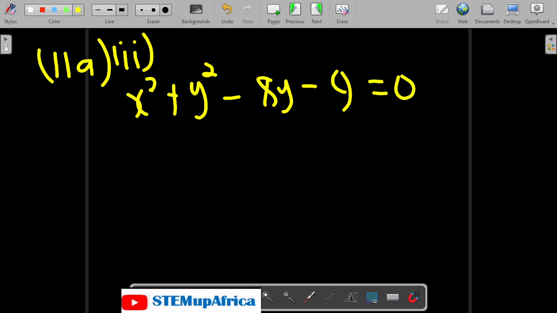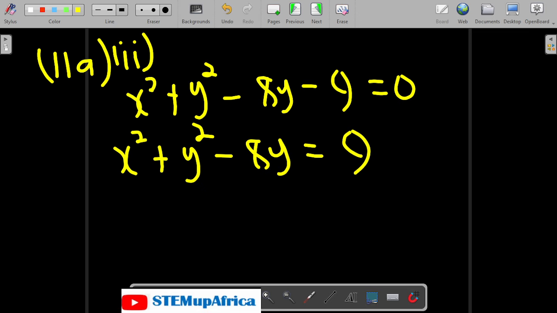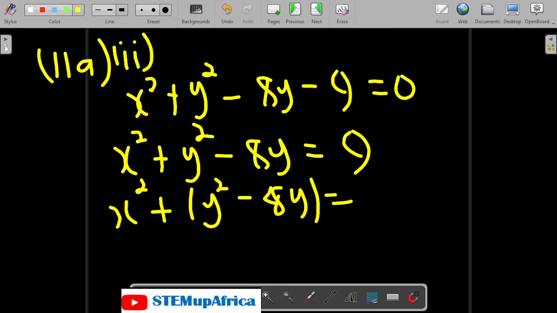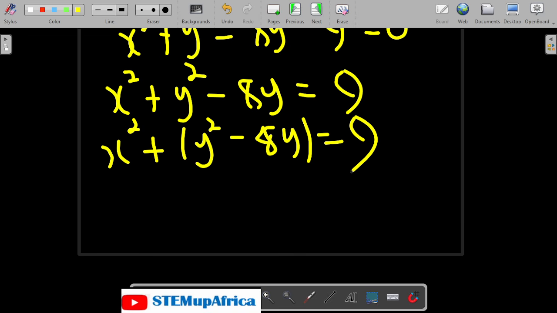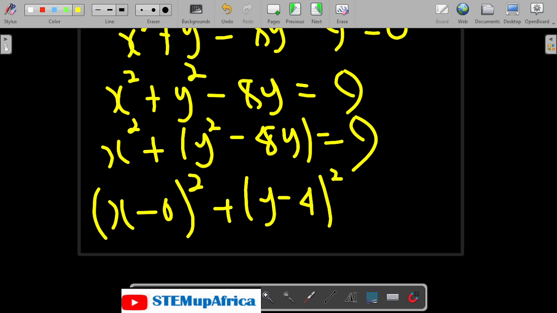So first of all, you remove the constant. I'm going to have x squared plus y squared minus 8y equals 9. If you apply the concept of completing the square, here becomes x minus 0 all squared, here becomes y minus 4 squared, equals 9 plus minus 4 squared.